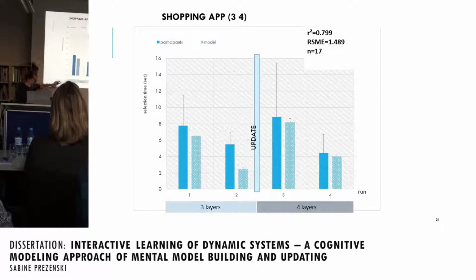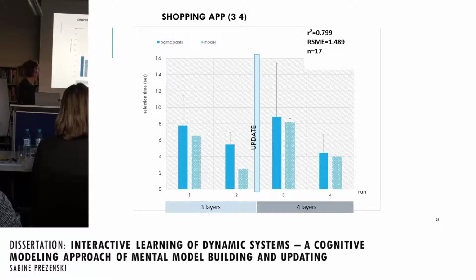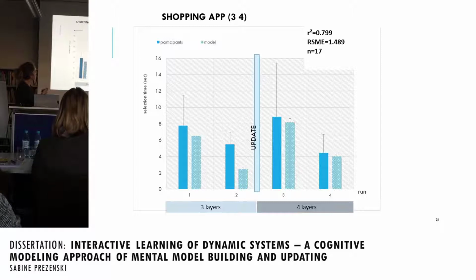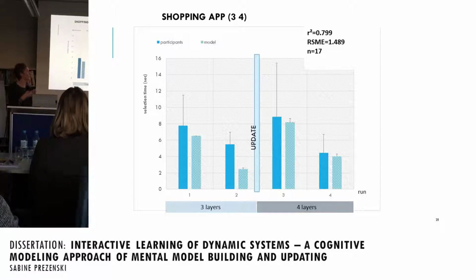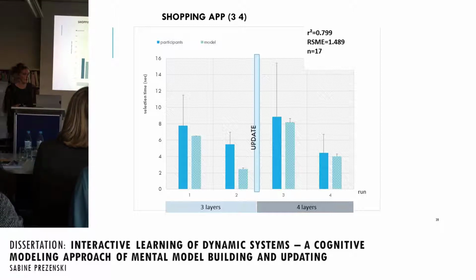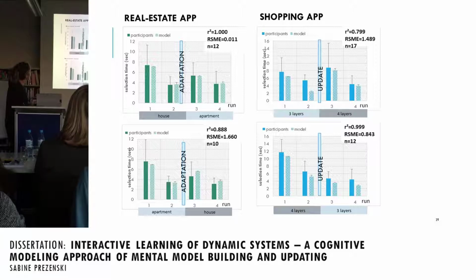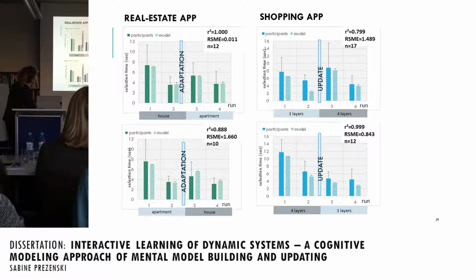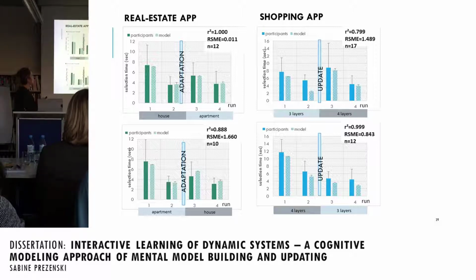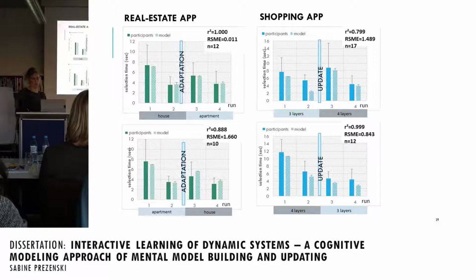However, the model learns faster, and the model here has an R-square of 0.799, and the RMSE is 1.489. This is the worst fitting model. If you look at the other studies, the best R-square is 1, and RMSE is 0.011, and these are the other 2 values.